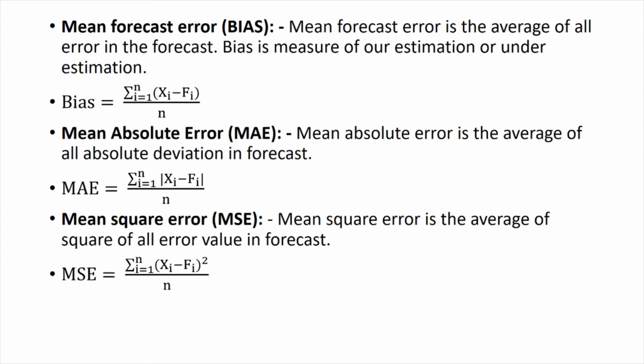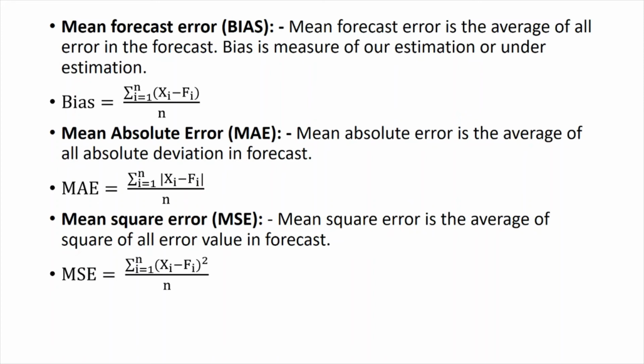Second, mean absolute error. Mean absolute error is an average of all absolute deviations in forecast. And here n is the number of months. Like if we want to find a 12-month forecasting error, n will be 12 and e is the forecasting error.